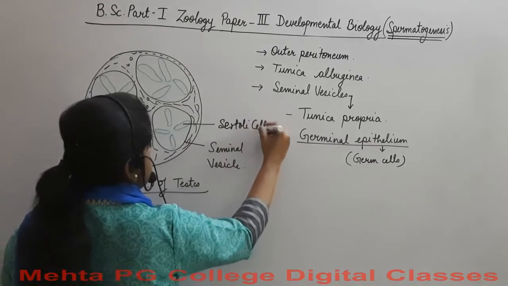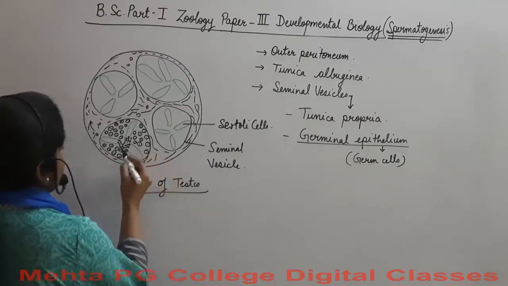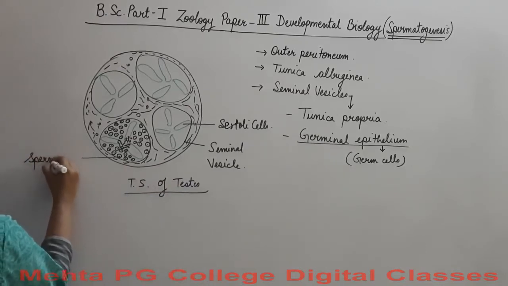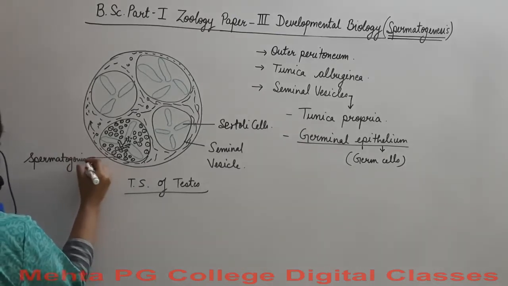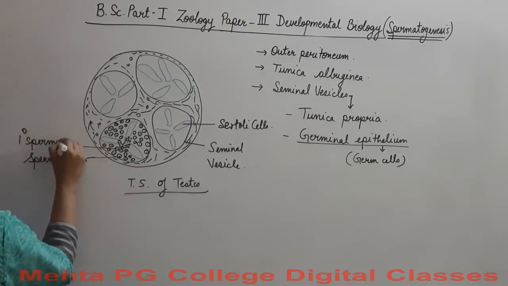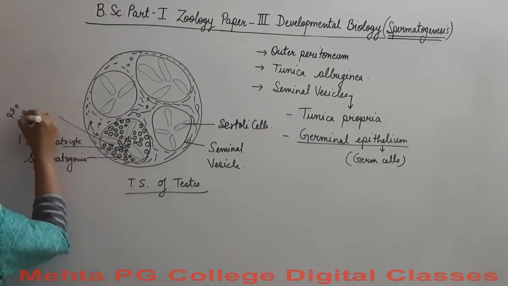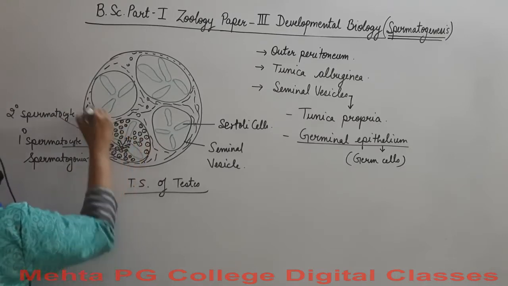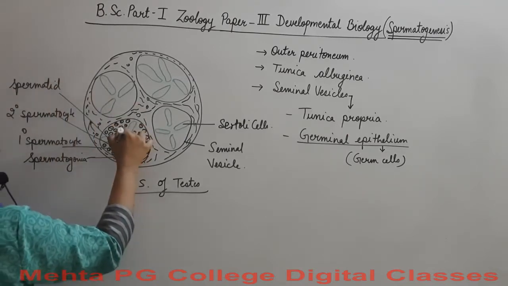In this seminal vesicle, Sertoli cells are present, right? And when we talk about these structures, they are spermatogonia, then primary spermatocyte, then secondary spermatocyte, then spermatid, and spermatozoa are present.